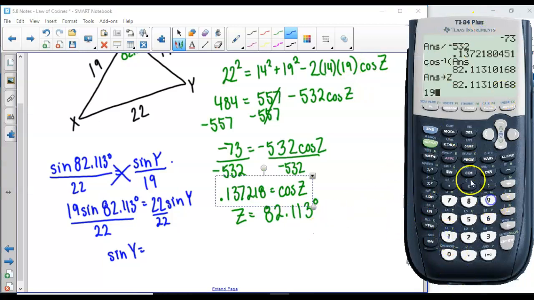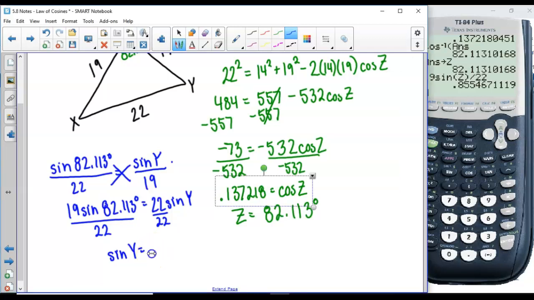So 19 times sine of z. Since I stored my z, I'm going to use that letter z there instead of the number. That way I don't round at all. So 0.855467.